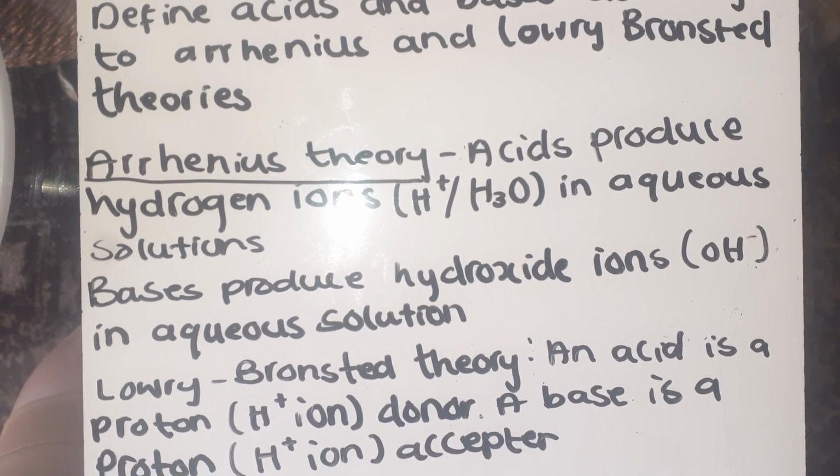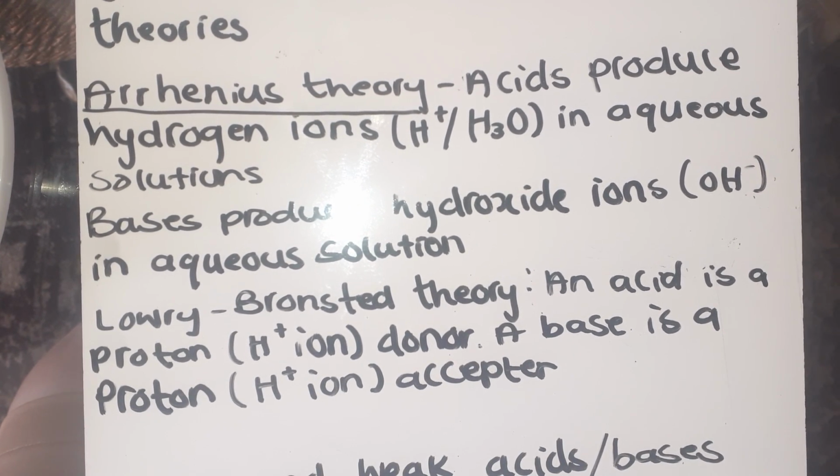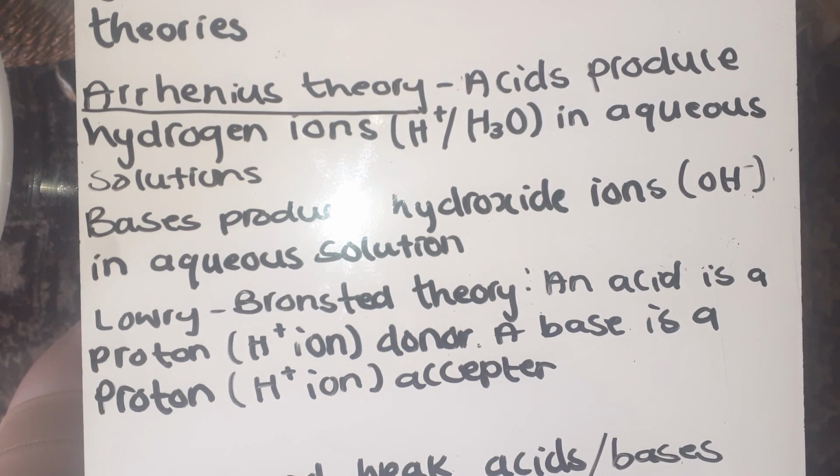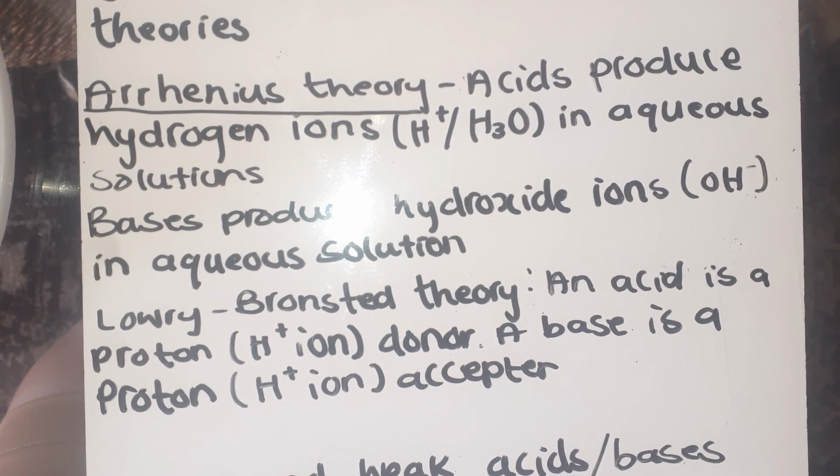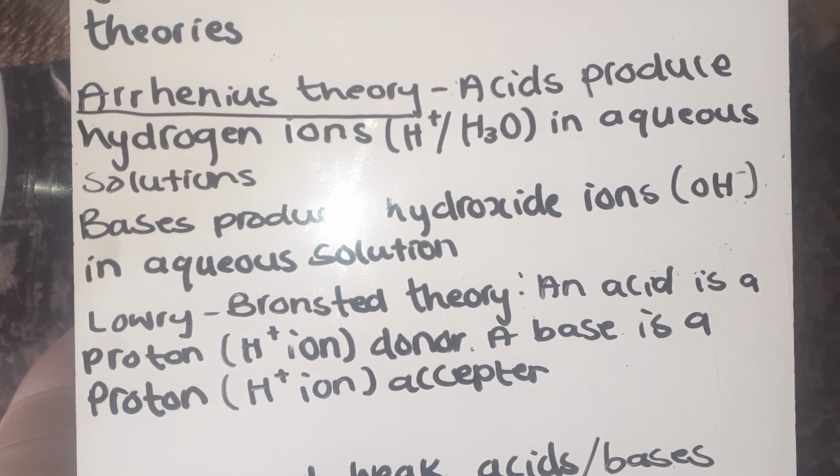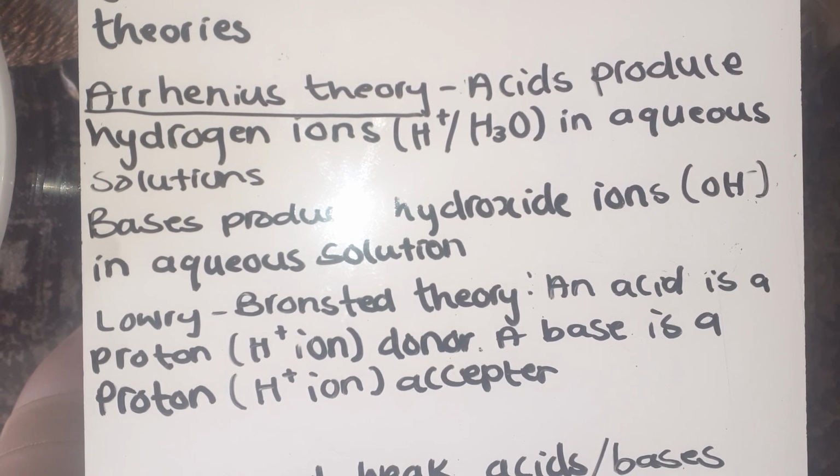Arrhenius says acids produce hydrogen ions in aqueous solutions. That is what he believes. So the H becomes positive and it has H3O+.